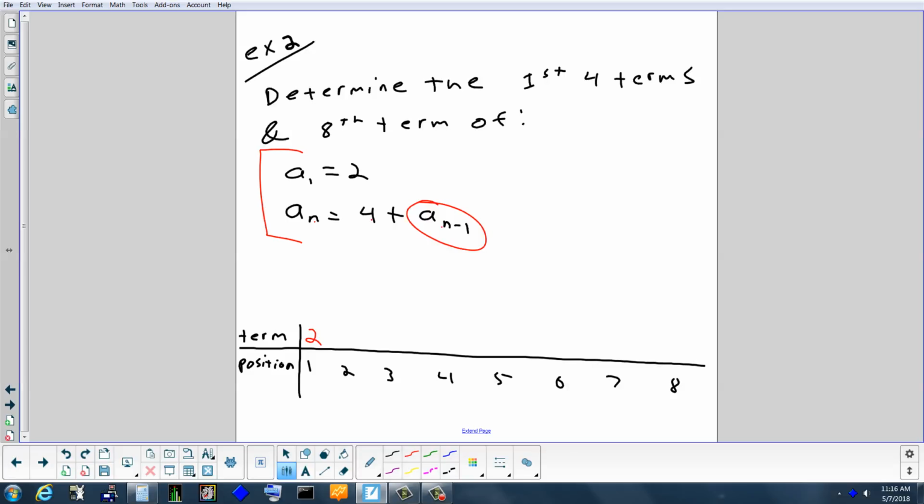Well, the one before it is 2. Plus 4 gives me 6. Hannah, how about my third term? 10. And my fourth term is 14. So now we've determined the first 4 terms, but we want to get all the way to the 8th term. So we gotta keep going. Mina, my 5th term? 18. Yep. Braden, my 6th term?